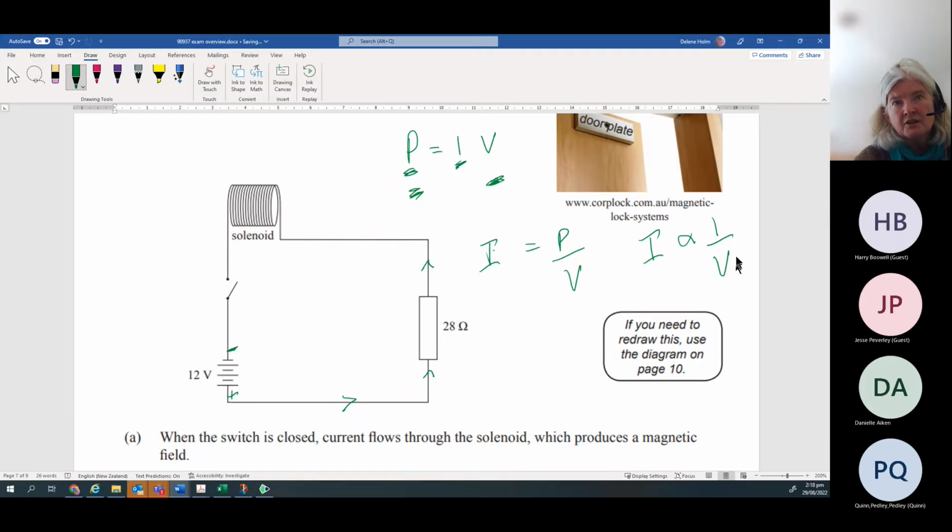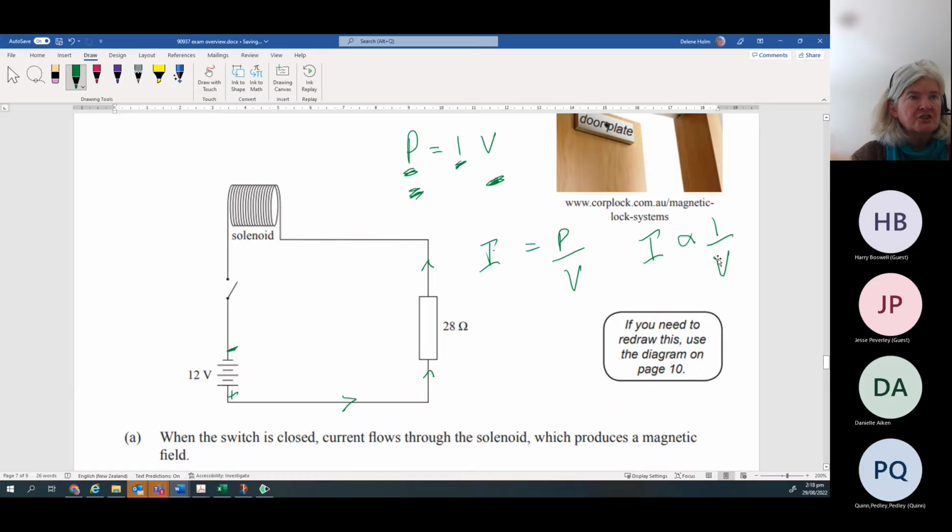That means the bigger I, the smaller V. So if you just simply use the equation, if they're on the same side, they're inversely proportional, assuming the other one stays constant. If they're on opposite sides of the equation, and assuming the third thing stays constant, then they are directly proportional. As one gets bigger, the other one gets bigger. Does that help, Quinn? Hopefully that makes sense.